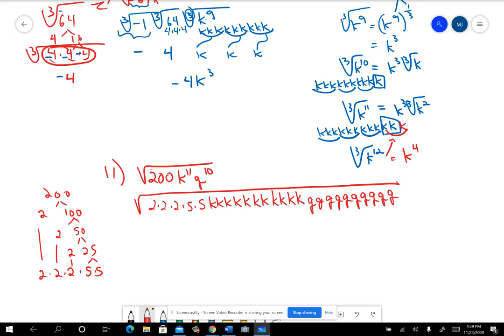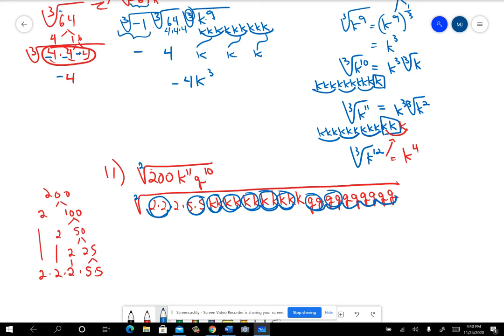All right, so look at your index. It's an assumed 2, which means you're interested in pairs of things. So you look for pairs. Okay, so all the q's are in a pair. And then on the k's, you got a leftover, don't you?